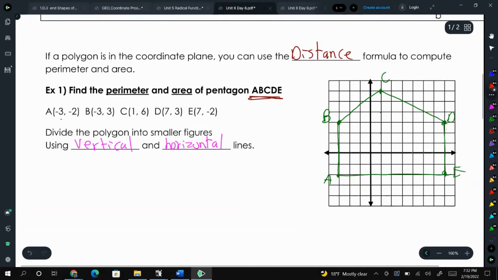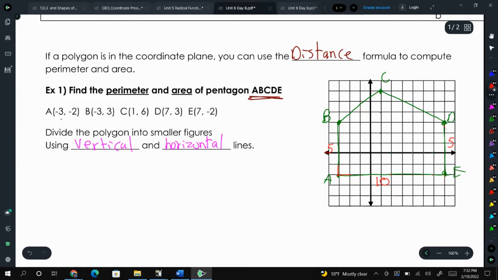For the perimeter, I'm going to count the vertical and horizontal lines. So AB, 1, 2, 3, 4, 5. AB is 5 units long. DE is also 5 units long. And AE, 1, 2, 3, 4, 5, 6, 7, 8, 9, 10, is 10 units long.